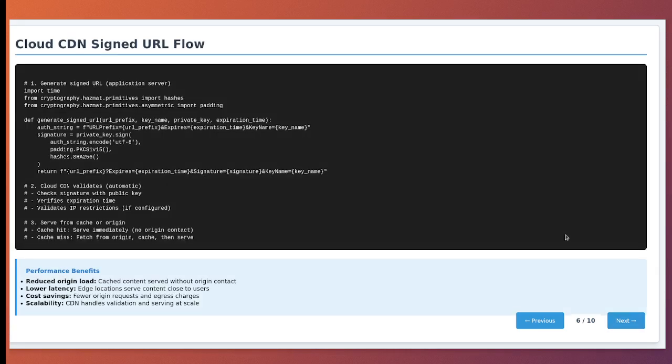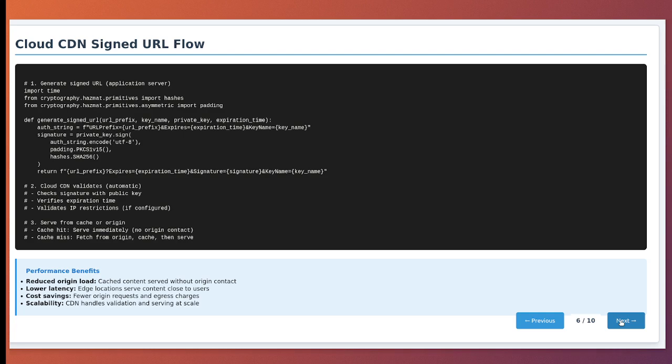Let me explain how Cloud CDN validates signed URLs. When a signed URL request comes in, Cloud CDN first checks the signature's validity, including its expiration time and any IP restrictions. If the signature is valid and the content is in the cache, it is served immediately without contacting the origin.